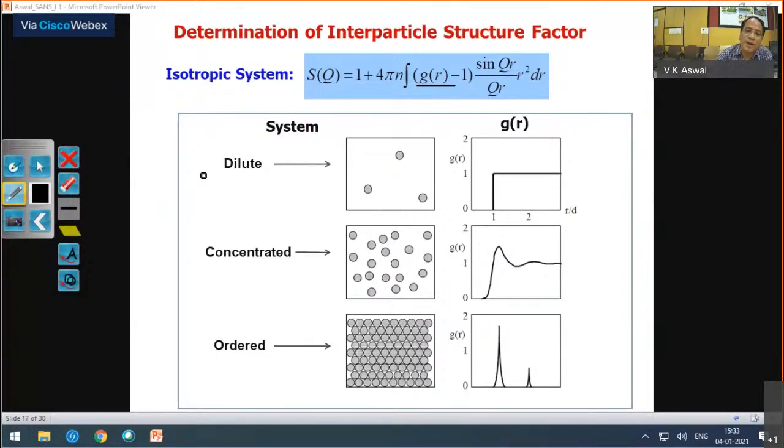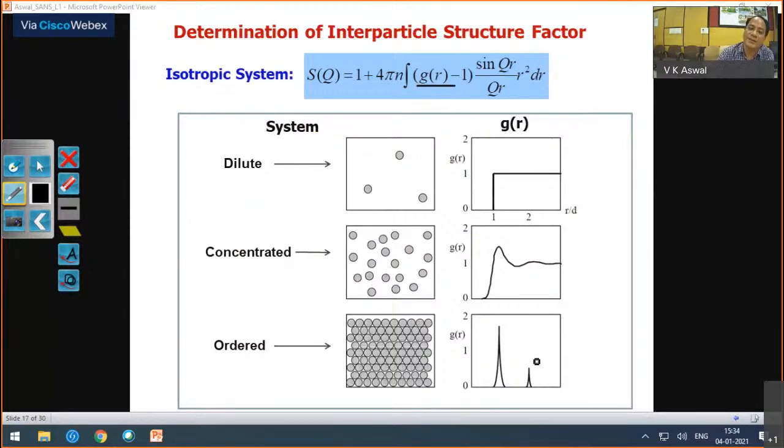And when you have a concentrated system, you will start seeing short range interaction, a typical liquid-like system. This will be your G of R. And when you have an ordered system, you get your G of R like this, actually, long range order.